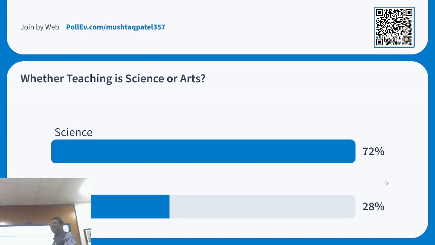Sometimes you will use a chart, cutouts, models. You take them to the laboratory, monitor their activity. Sometimes you demonstrate. Lots of activities. For a layman, what does a teacher do? Teacher talks in the classroom. For a teacher, the teacher does so many things. Why does he do so? Everything has got a purpose.